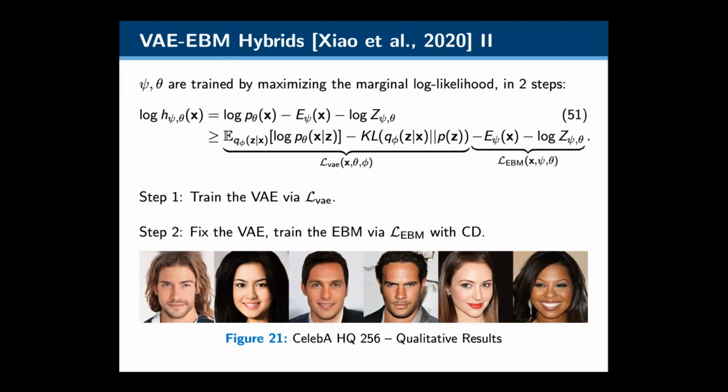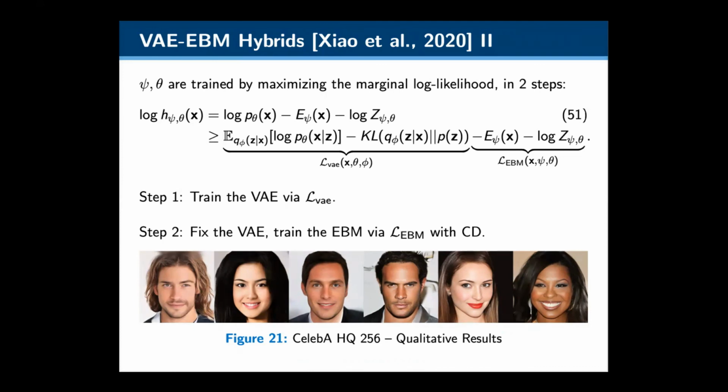But what they're not so good at is, again, knowing what they don't know, in the sense that a VAE can say that something has a high probability, even if it's not from the true data distribution. And so by making a model that's effectively a product of a VAE and an EBM, you can get around that because EBMs are really good at this.